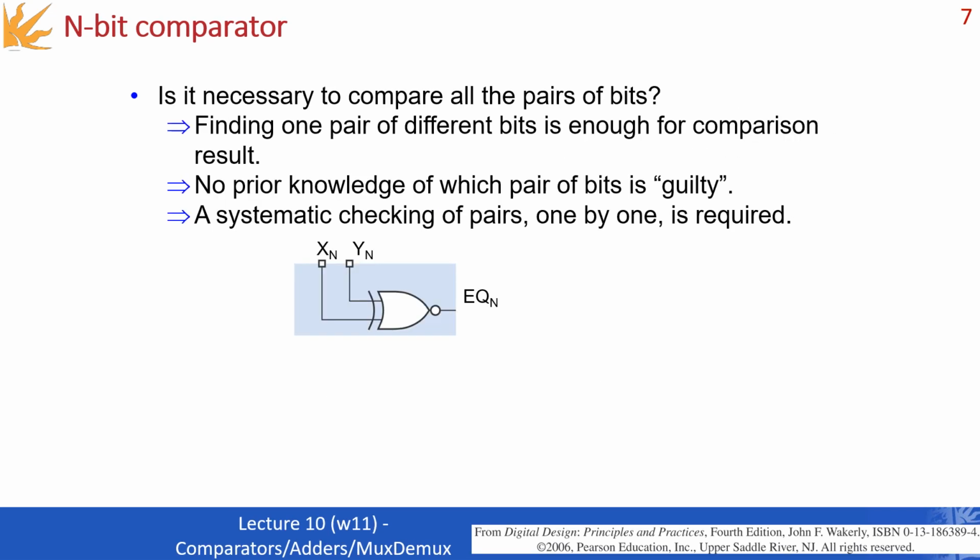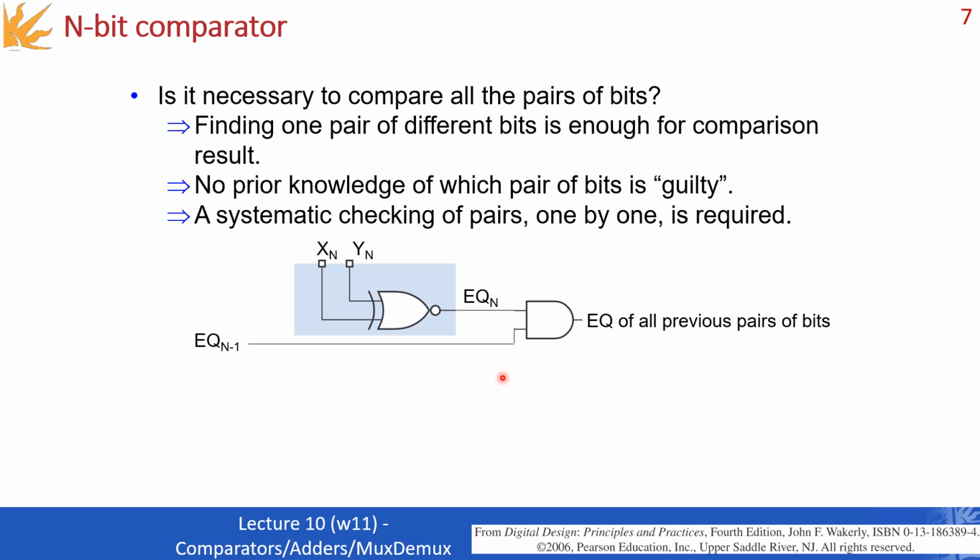So is it necessary really to compare all the pairs of bits? If you only care to find if at least one of the pairs is different, then this is what you want to look at. So how would you do that? Suppose that you're checking the equivalence of the nth bit from two words, x and y.